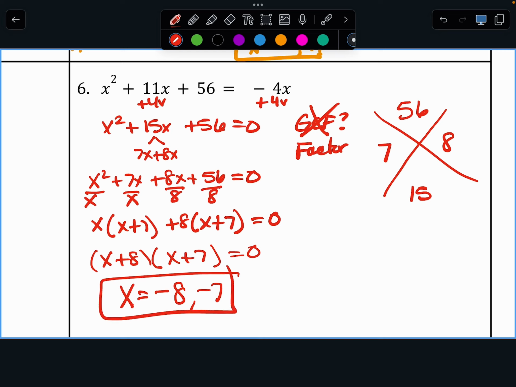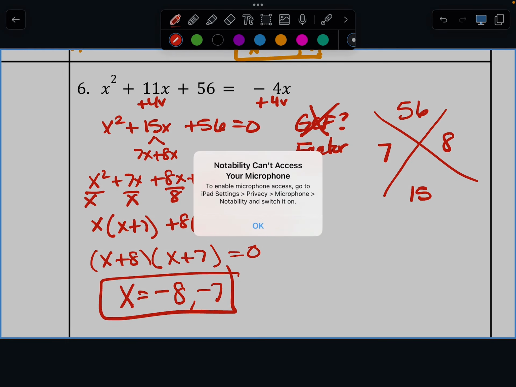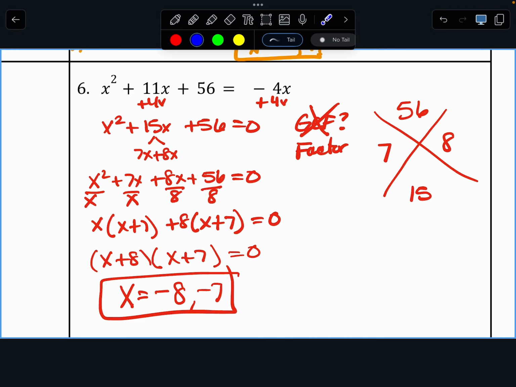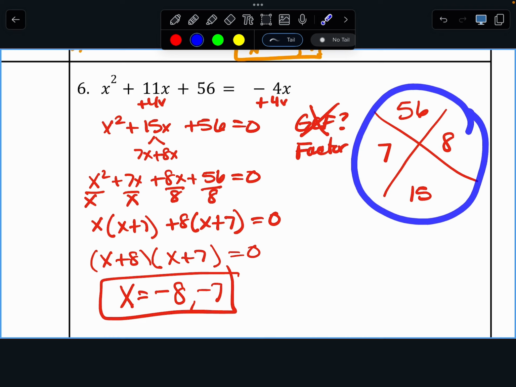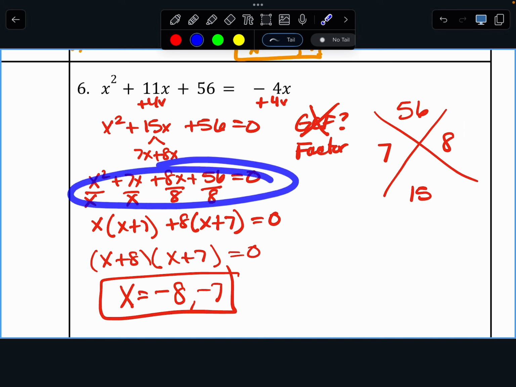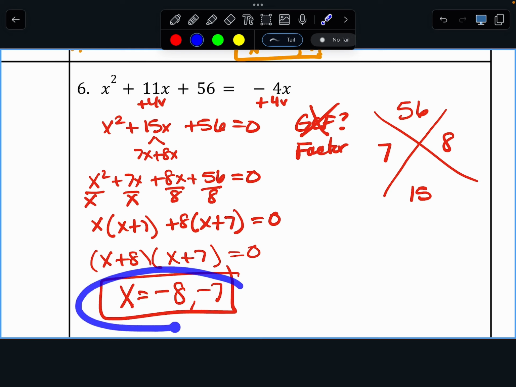So in that one problem, you showed me that you knew how to factor using the AC method, to do grouping, and to solve the quadratic equation. So those are all the things that you showed me for this section.